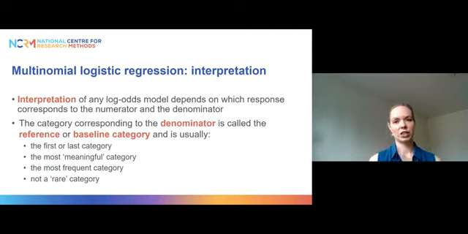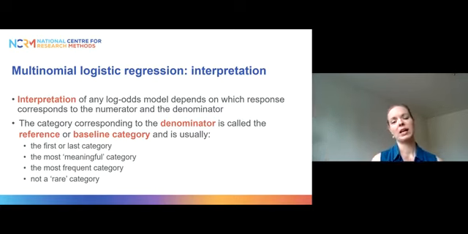So the interpretation of this model depends basically on which response corresponds to the numerator and which corresponds to the denominator. The category corresponding to the denominator is called the reference or the baseline category, and we compare the numerator to that category.